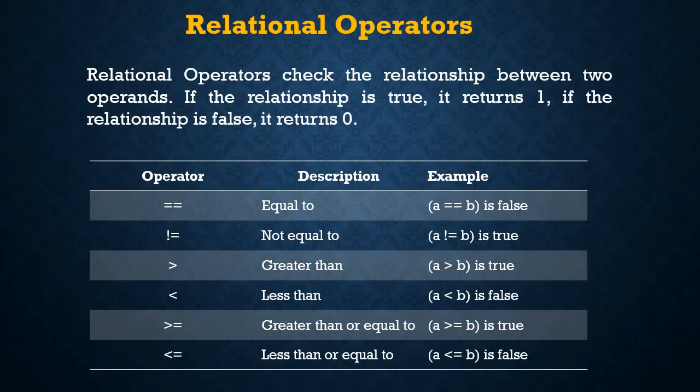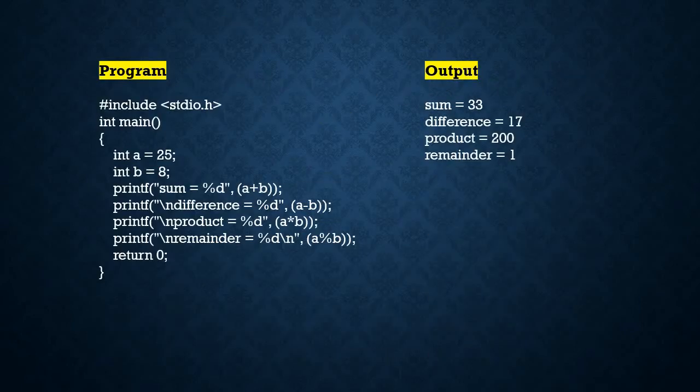So the first one, A + B, gives you 25 + 8, that is equal to 33. Similarly 25 - 8 is 17, 25 * 8 is 200, and this percentage symbol gives the remainder. So A % B is 1.